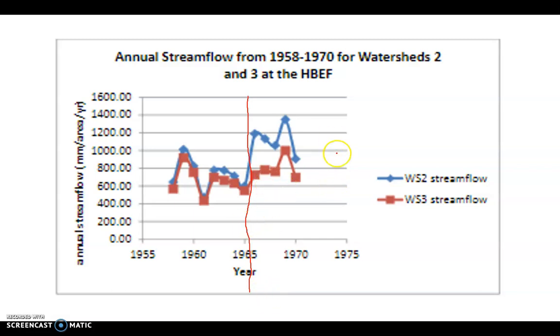And now we can see that one stream bed has significantly less stream flow and one has more water. So our blue bar, or our watershed 2, you would imagine would have a much faster or stronger or more total water coming out of that V-shaped weir than our red bar here, our watershed 3.